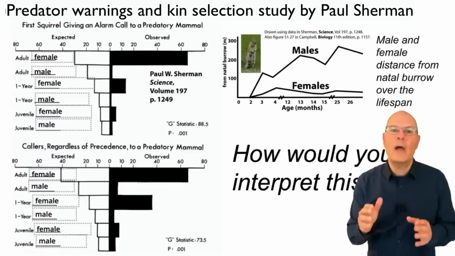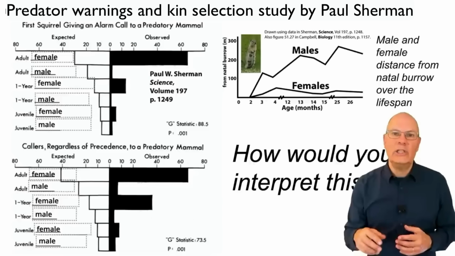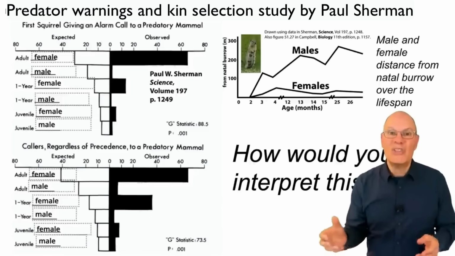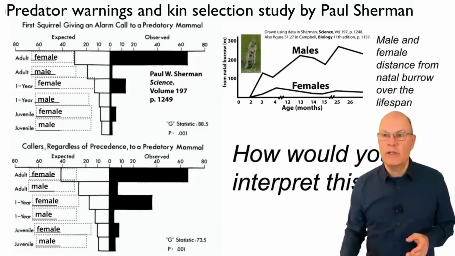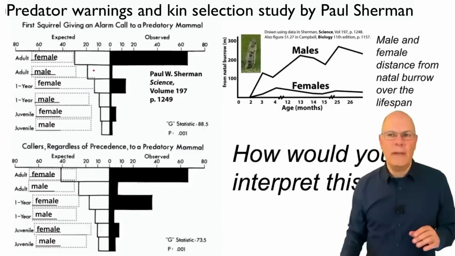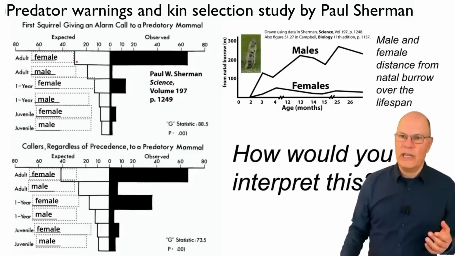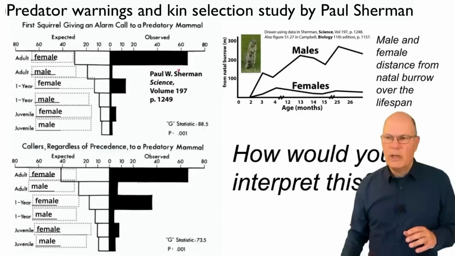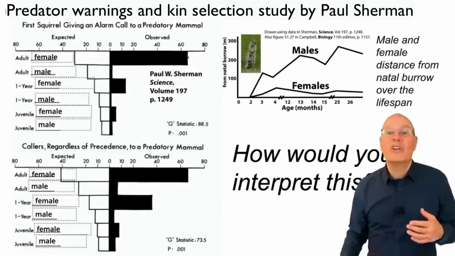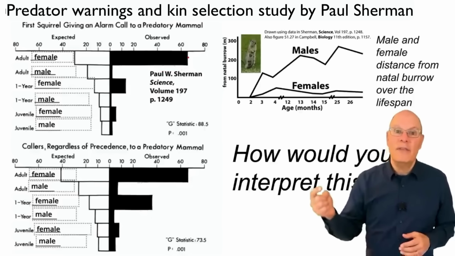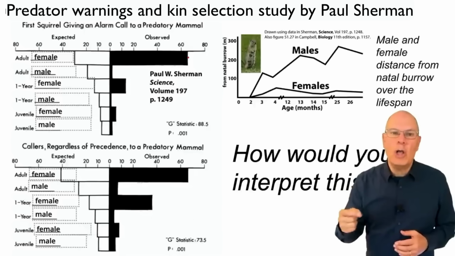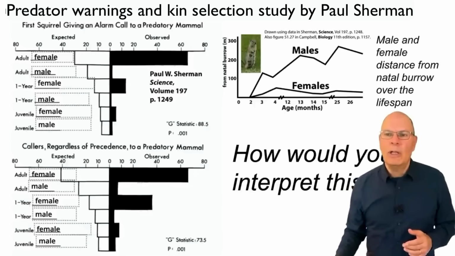Females were overwhelmingly more likely to emit alarm calls than males were. For example, among adult females, they're about 30% of the population, but adult females emitted over 60% of the first call for a predatory mammal.